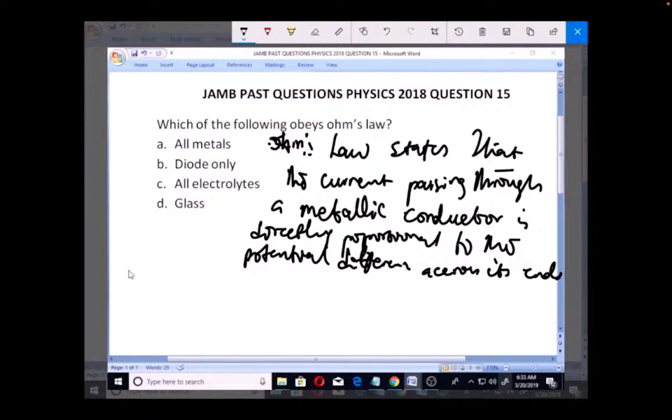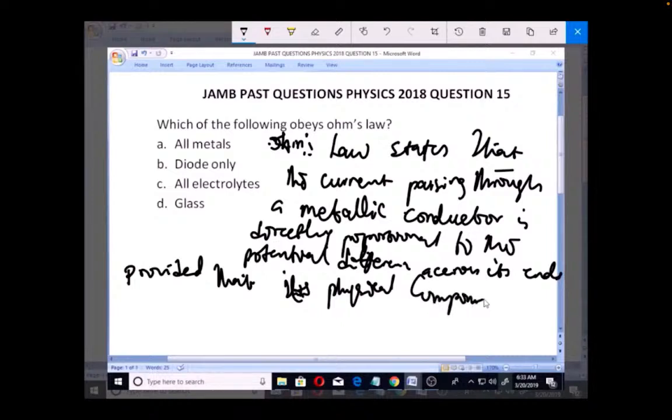And this law holds true provided that the conductor's physical components and temperature remain constant. So that is the statement of Ohm's law.